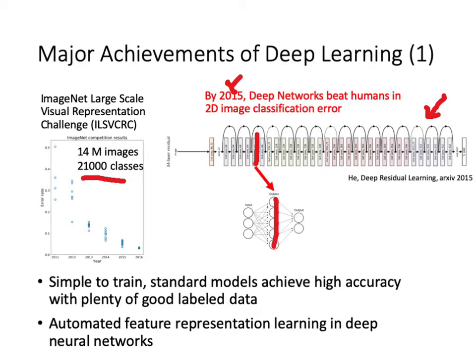And the major advance in deep neural networks here is that using a standard architecture like this, and with the help of plenty of good labeled data, one could develop an algorithmic system to make decisions through a simple training step without needing to even fully understand the internal workings of such a system. And this really opened up the application of deep learning to many different fields.